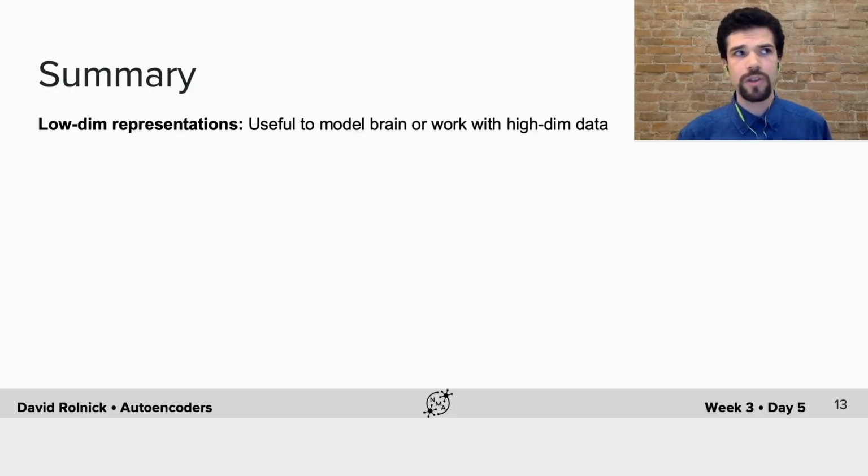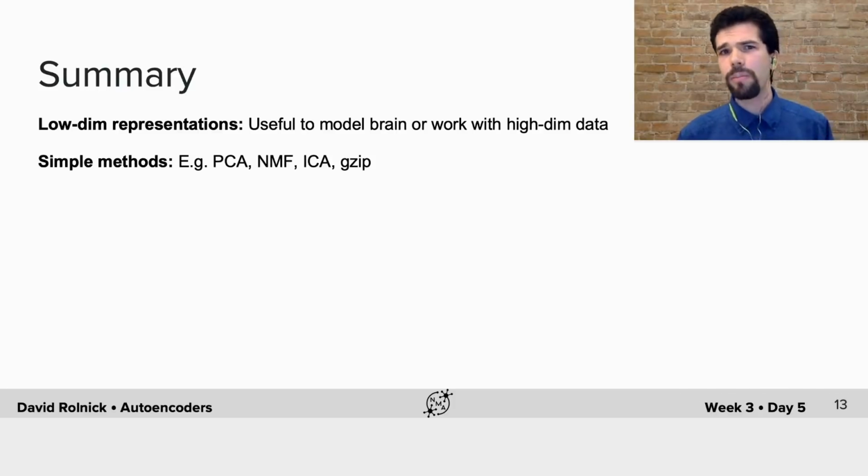Just because there is a great algorithm that does some of the same things that the brain wants to do, doesn't mean that that's actually how the brain does it. But they can sometimes be useful models, and they can certainly be useful in working with high-dimensional neuroscience data or other kinds of data. We've seen some simple methods like PCA, NMF, ICA, and the algorithm to compress data, gzip, on your computer.